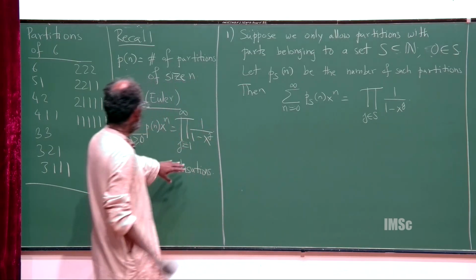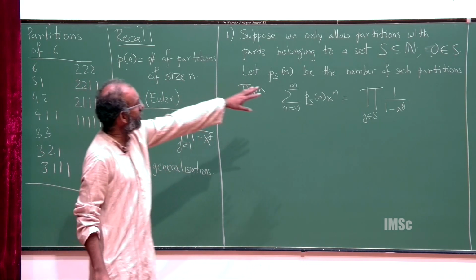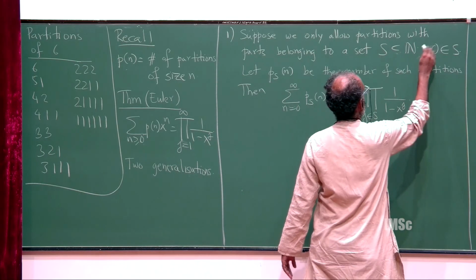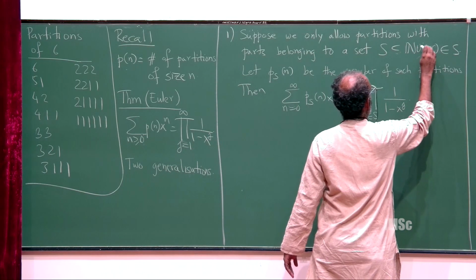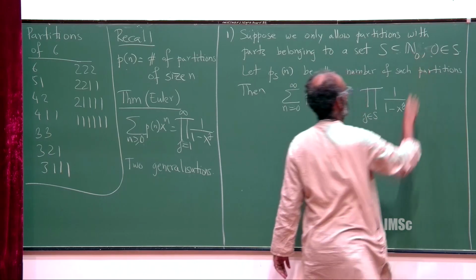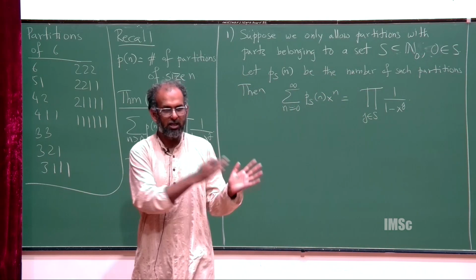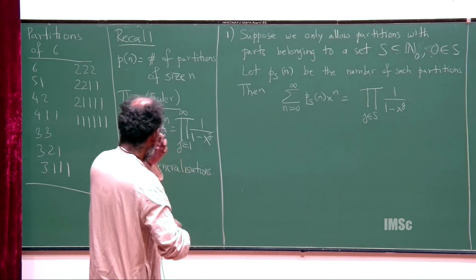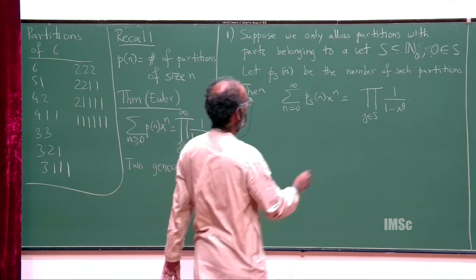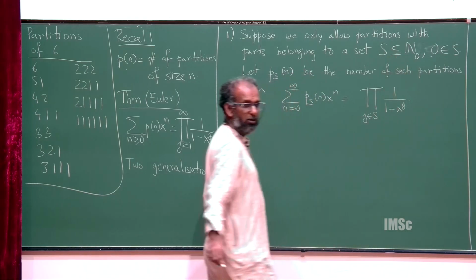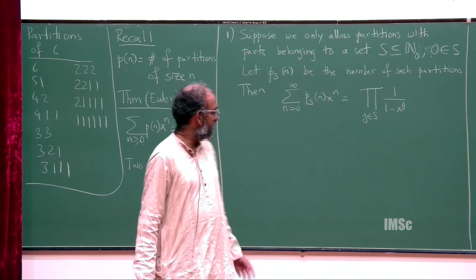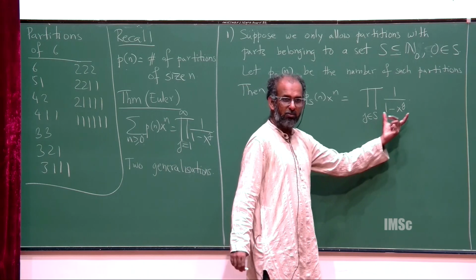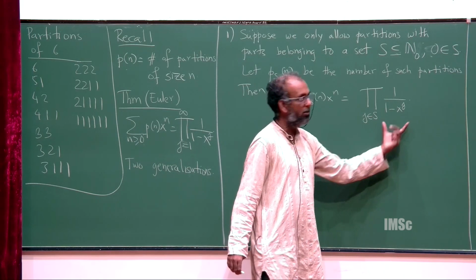So this has as a special case where S is all of the natural numbers, by which I mean natural numbers union 0, let's call it N0. So if I allow S to be the entire collection, then in this factor I get all the numbers, 1 minus x.